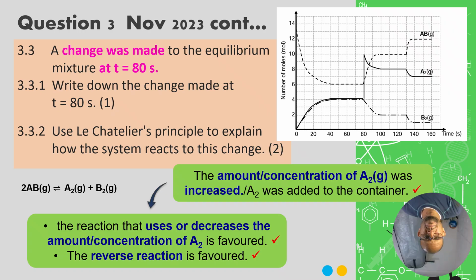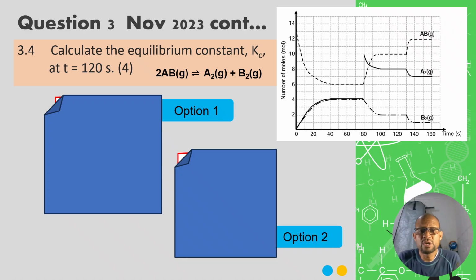Let's look at the following question. The next sub-question is 3.4, and here they want us to calculate the equilibrium constant Kc at 120 seconds. Once again, I've put in the equation here to help us because we have to refer back to it.